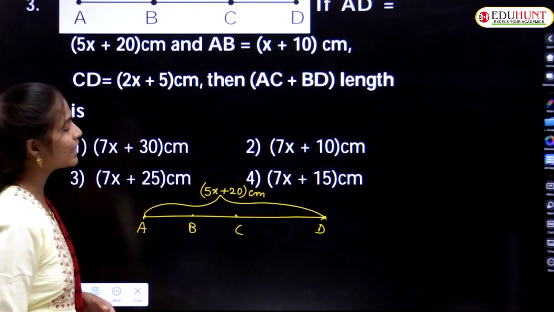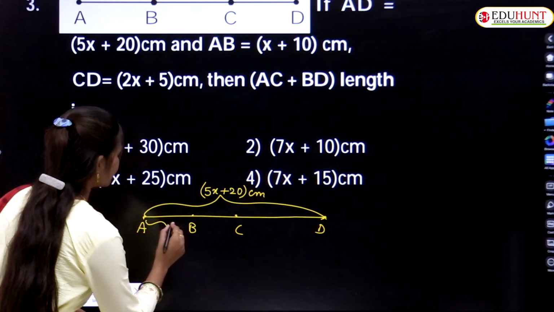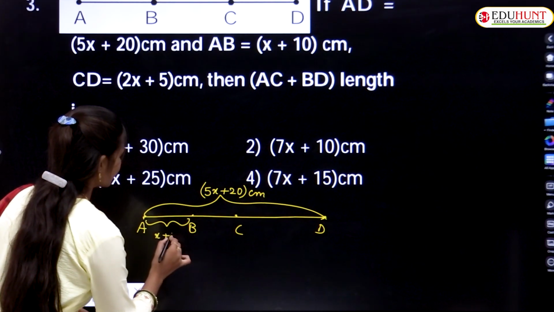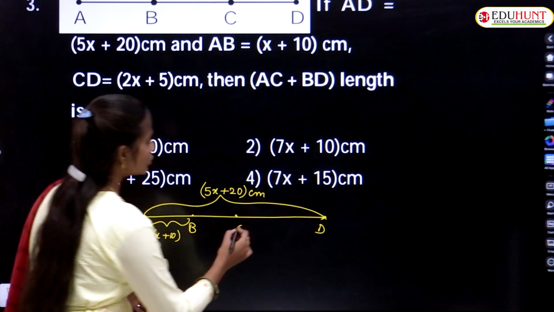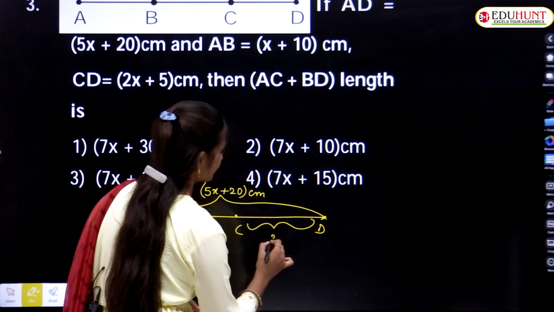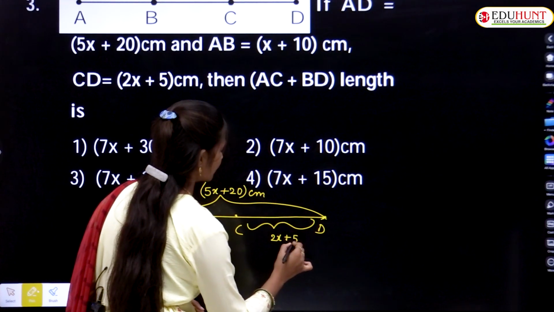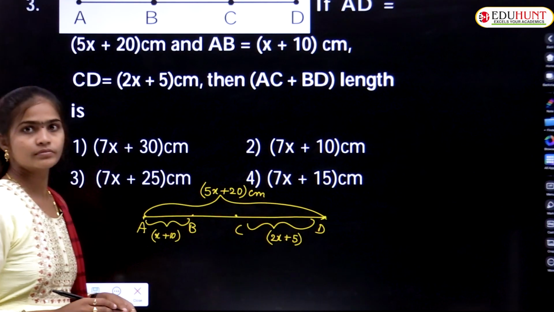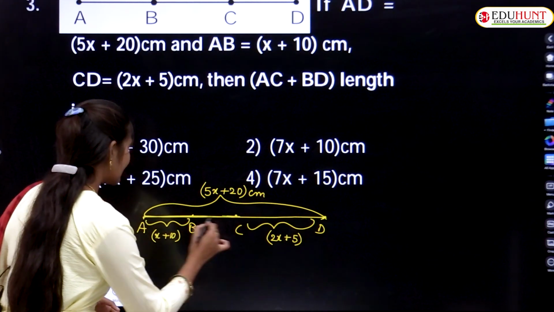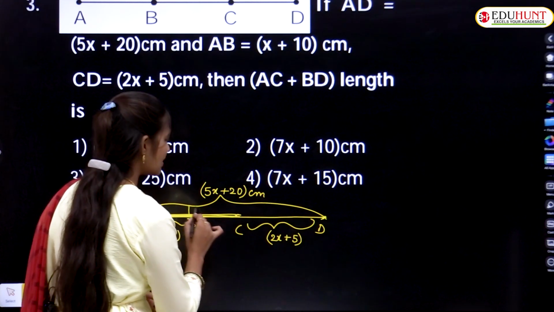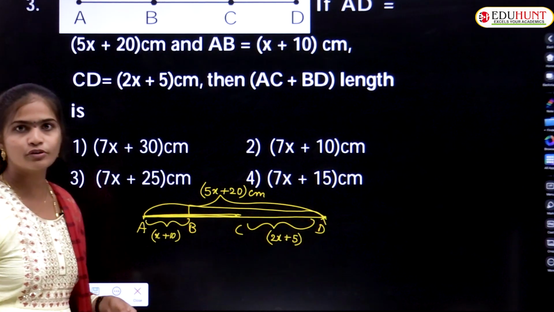Next, AB is equal to x plus 10, and the next one is CD is equal to 2x plus 5. Okay, children. After that AC plus BD. So we need to find the AC measurement as well as the BD measurement.